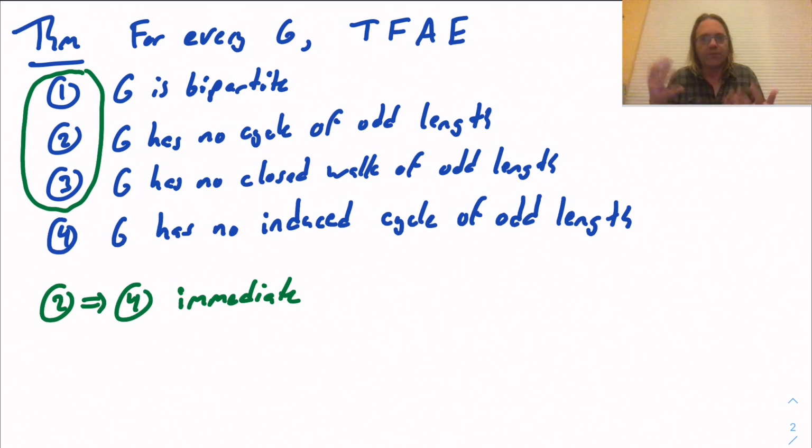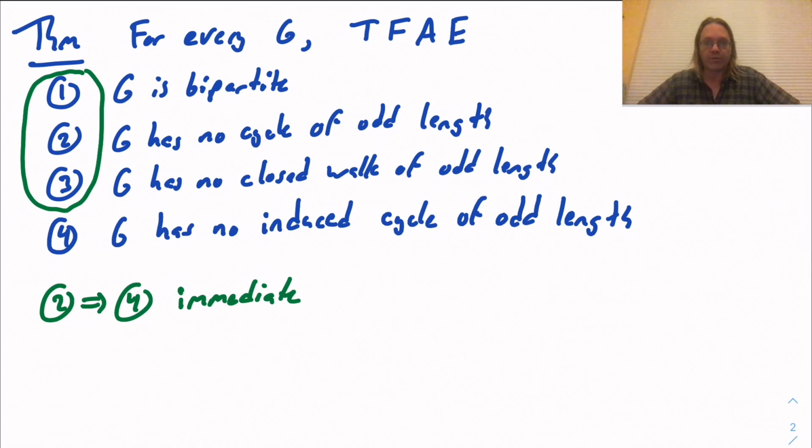This is written out in a slightly different way in the notes, but I'm writing it here more the way I'm thinking about it. I'm giving you another equivalent statement to what it means to be bipartite. I think of this as a refinement of no odd cycle. A finer version is no induced odd cycle.